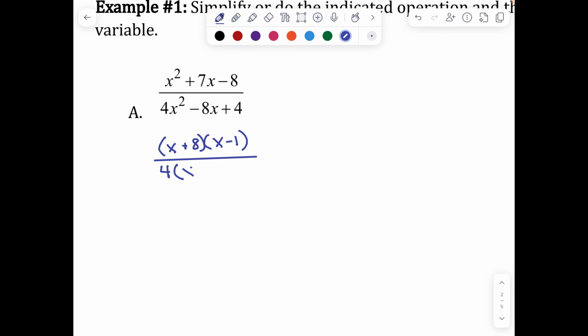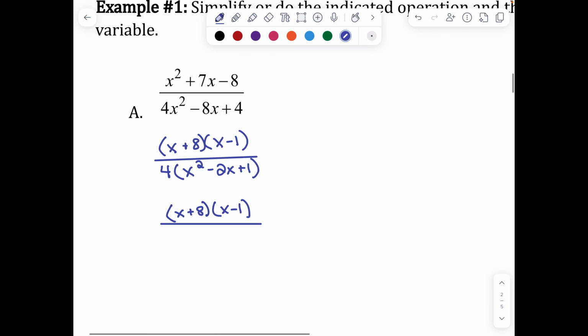So I have 4 times x squared minus 2x plus 1. I see that I can factor that trinomial again. So I'm going to keep my numerator of x plus 8 times x minus 1. I'll have 4, and this x squared minus 2x plus 1 just factors into x minus 1 squared.